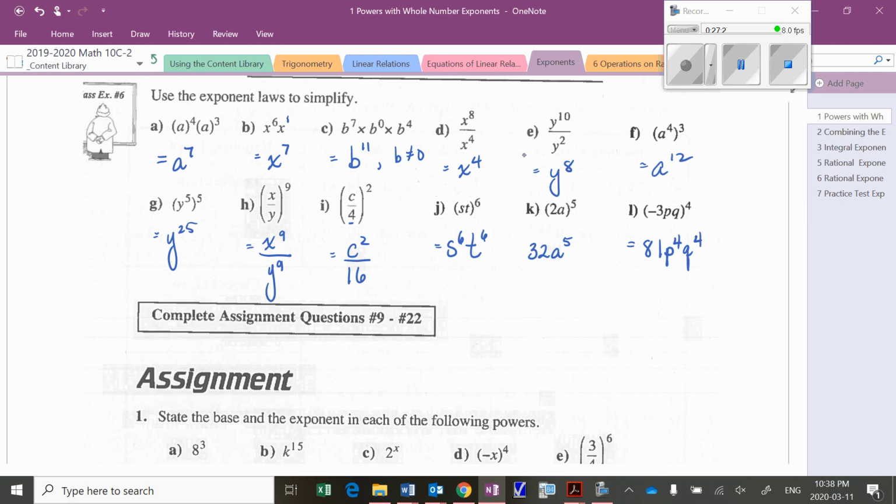For E, same thing would happen. We've got 10 y's being multiplied in the numerator, 2 being multiplied in the denominator, and again making 2 1's, leaving us with y to the 8th.